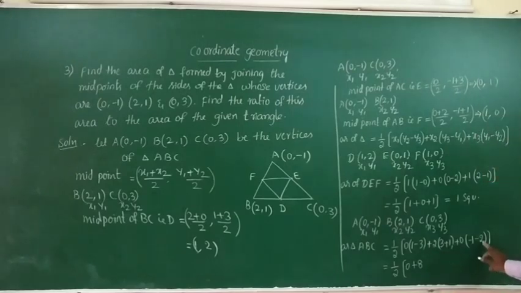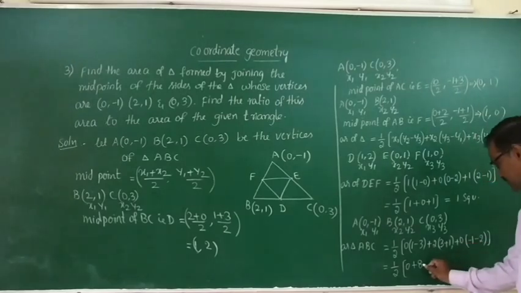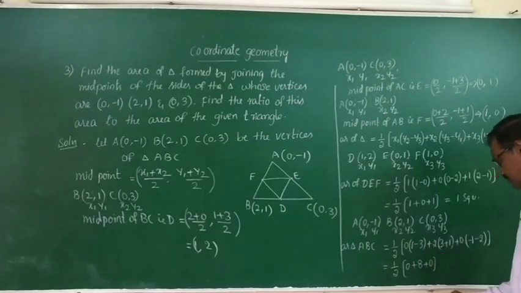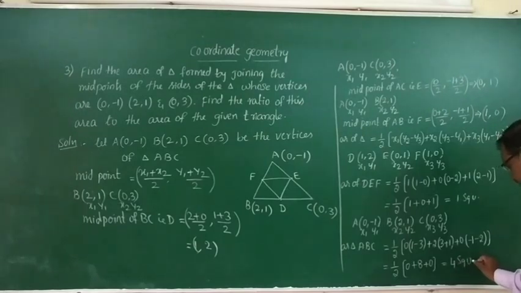Then x3 is 0, so minus 1 minus 2, minus 3, multiplied with 0 becomes 0. Therefore 8 by 2 becomes 4 square units.